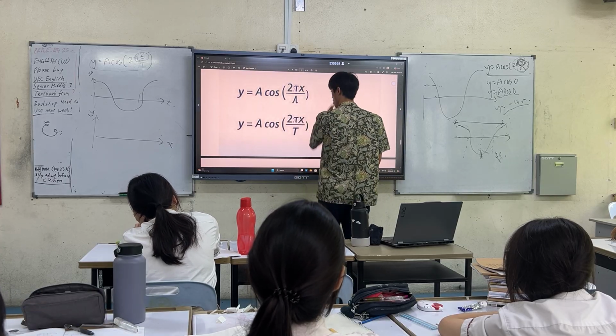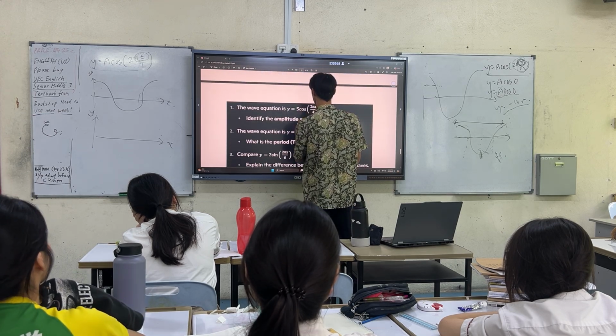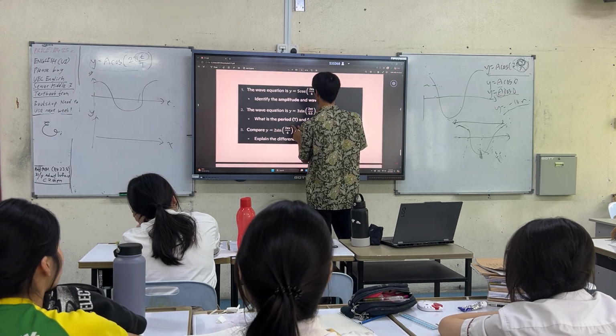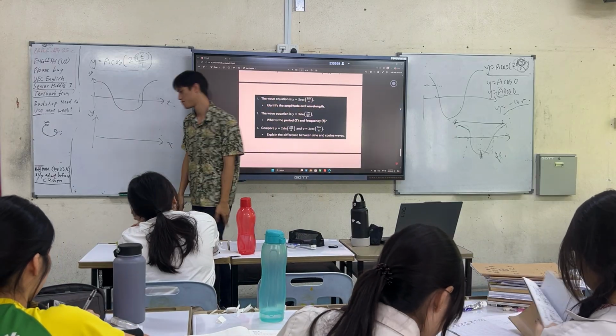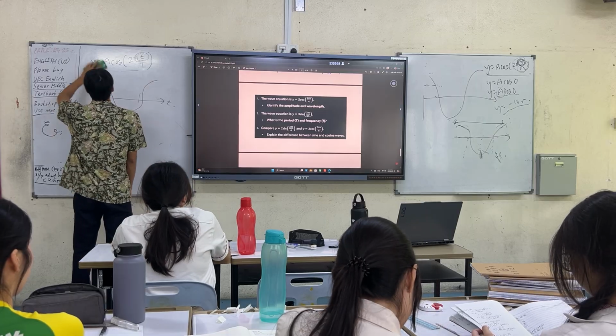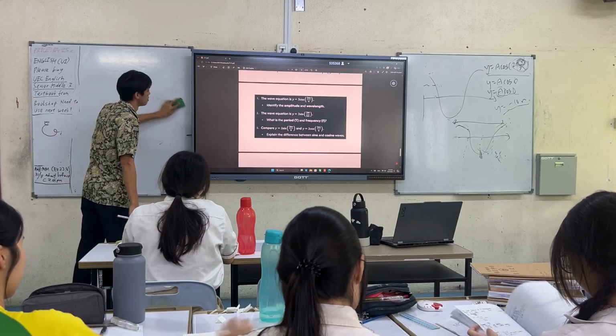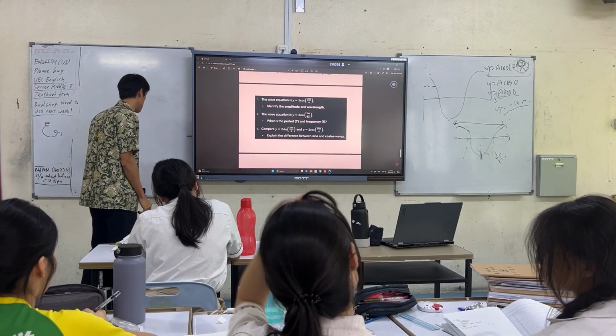Let's do some easy questions first, then we go to the application. Can see or not? Try and do this question. Very easy. The first one is just to write it down if you are not seeing clearly.